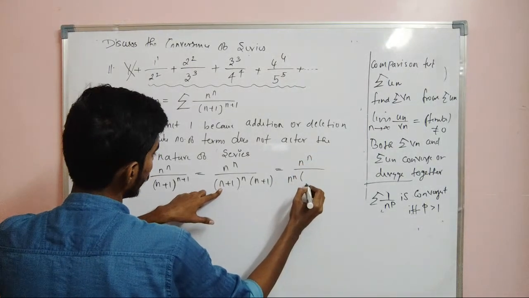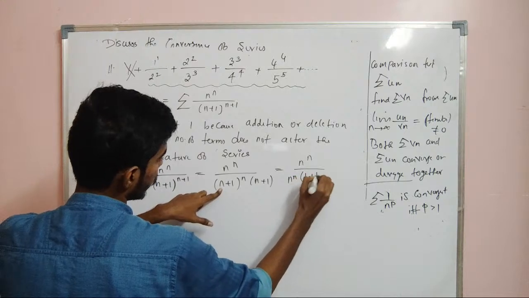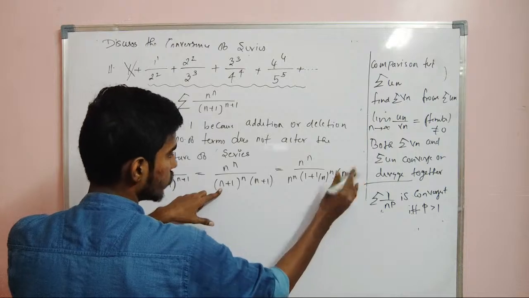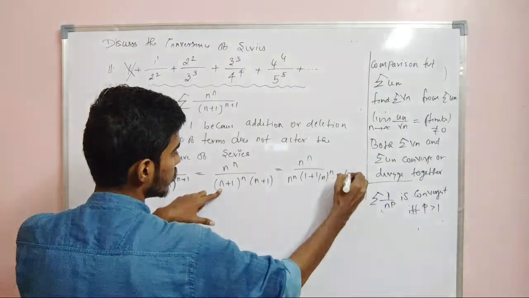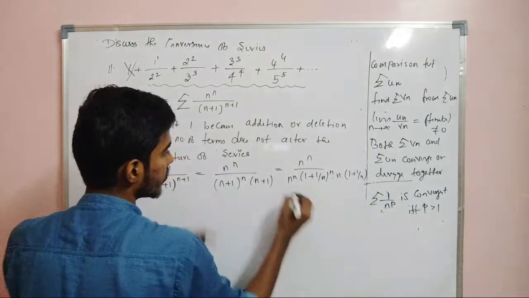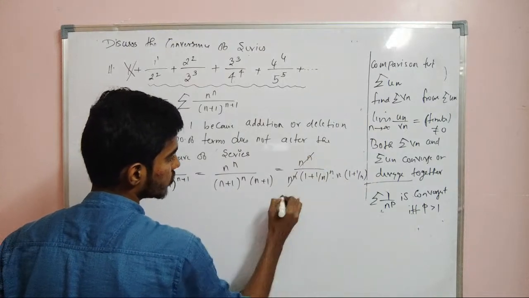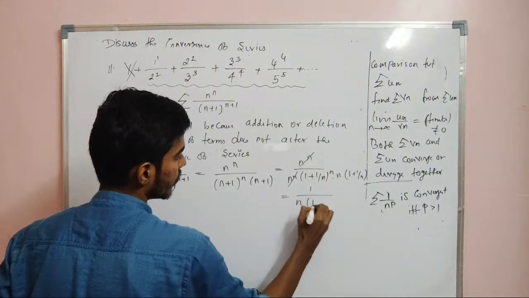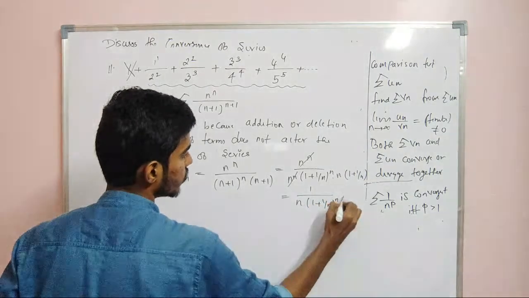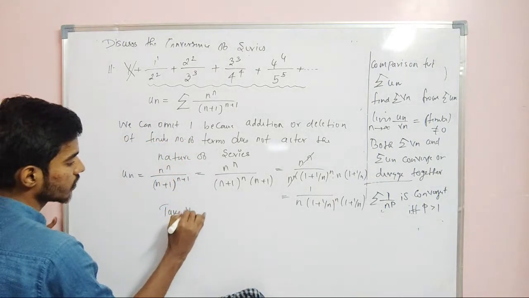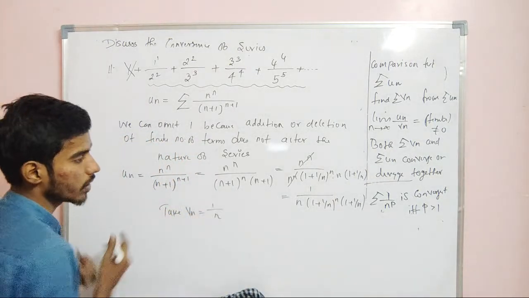So this will be 1 plus 1 by n whole power n into again you just take n here. This will be 1 plus 1 by n. This will get cancelled. So you just take Vn to be equal to 1 by n. So this will be 1 by n into 1 plus 1 by n whole power n, 1 plus 1 by n. So take Vn is equal to 1 by n.